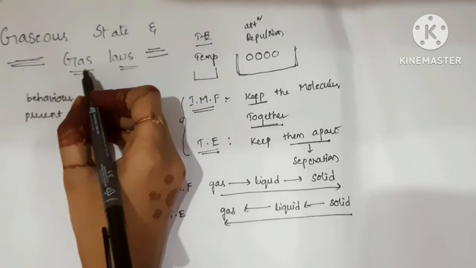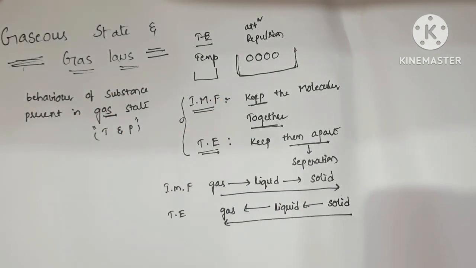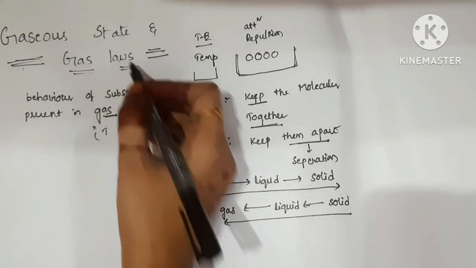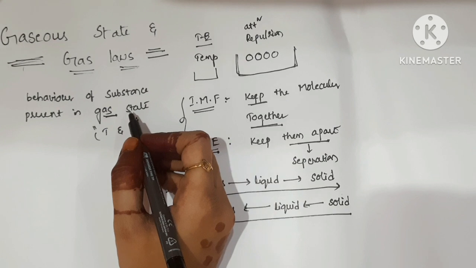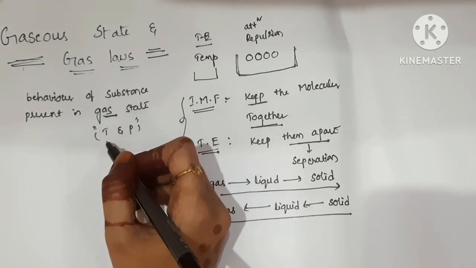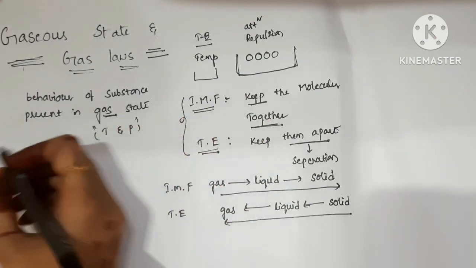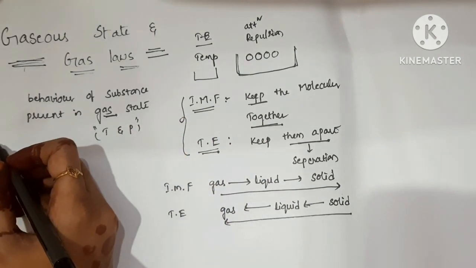There are some gas laws. These gas laws explain the behavior of the substances present in a gaseous state at normal conditions of temperature and pressure. Some elements exist as gases under normal conditions.